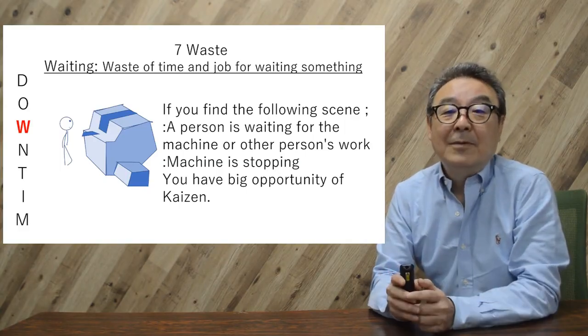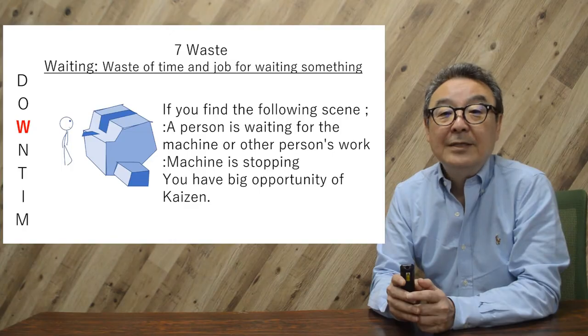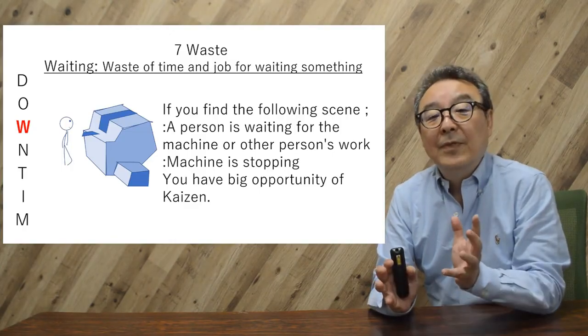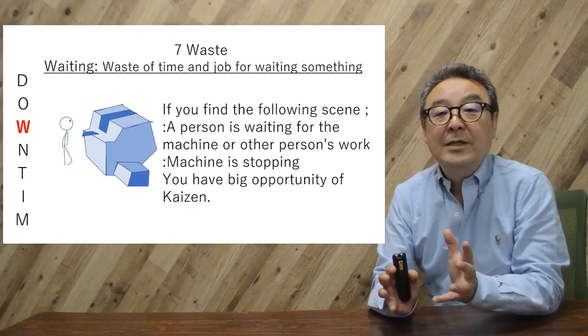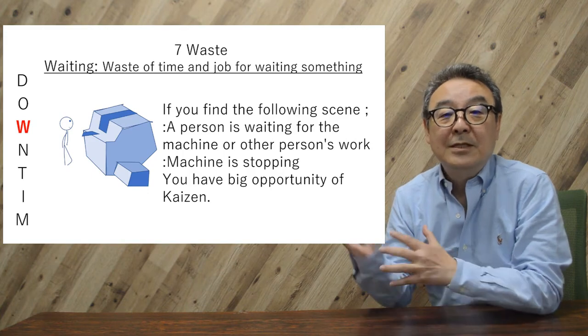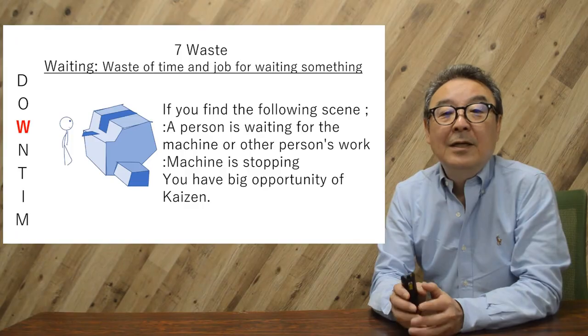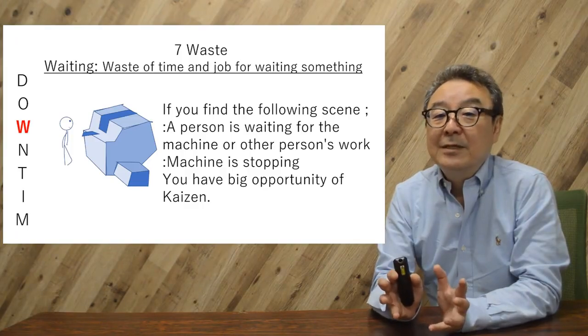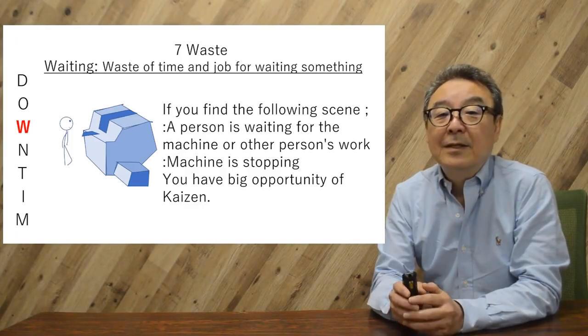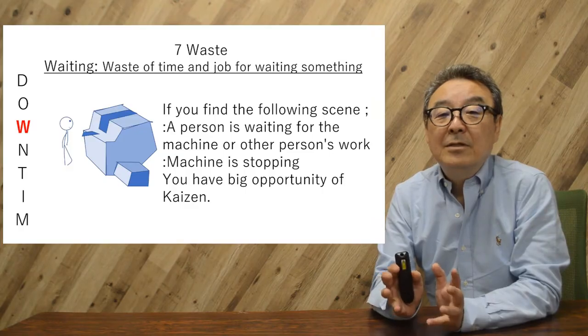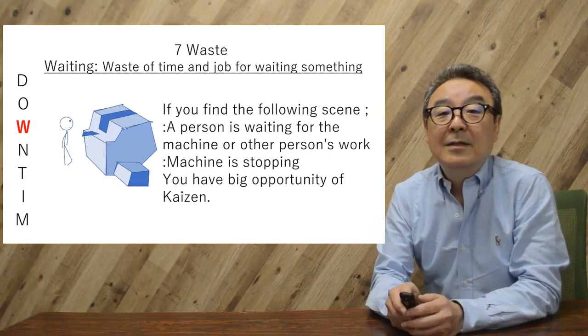One is the person waiting for the machine work to finish, like in this illustration. Or the machine is just waiting or stopping. So it's also easy to find.